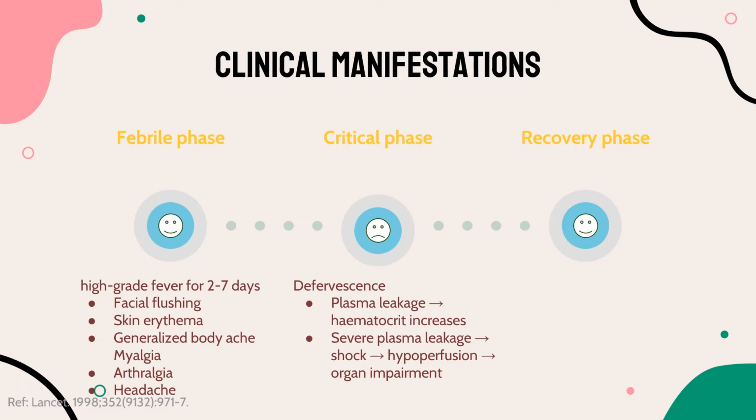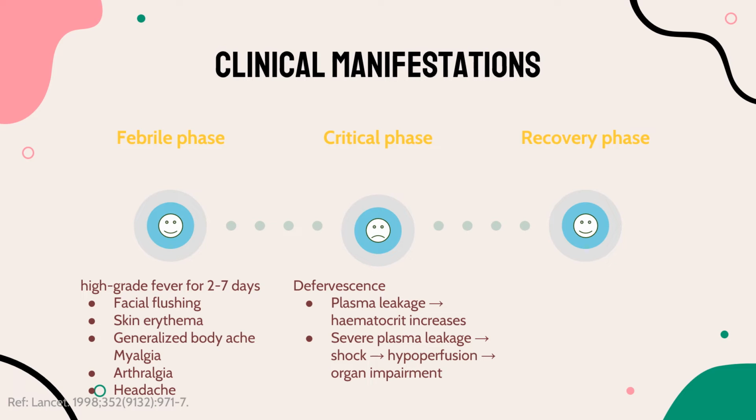In critical phase, it can be found the defervescence. It means the decreasing of body temperature. In this incident, it can cause plasma leakage and hematocrit increasing.